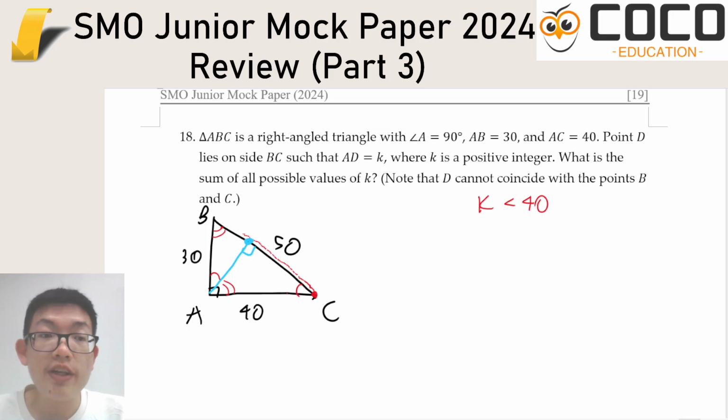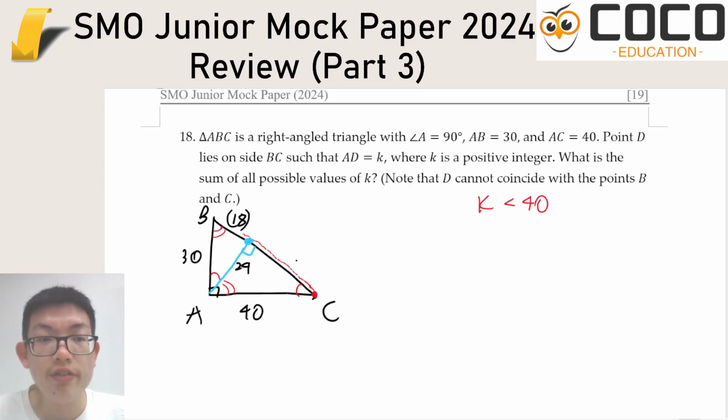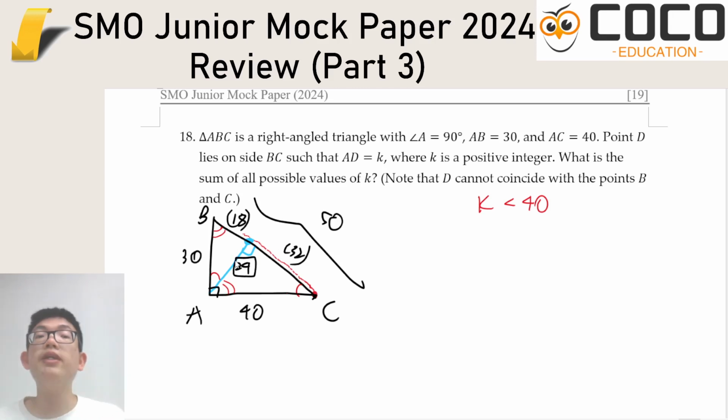So if they're all 3, 4, 5 triangles, then at this location it would be 4/5 of 30 or 3/5 of 40. Technically, I know that this is 18 and 32 by the same ratios, but that is not very important to me. What's important is that the minimum is 24.